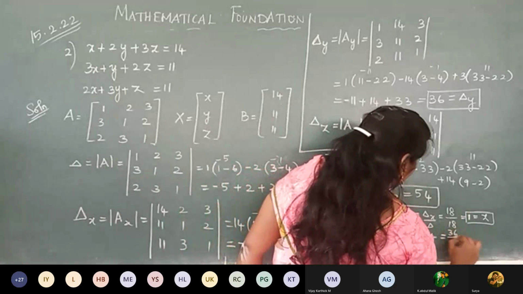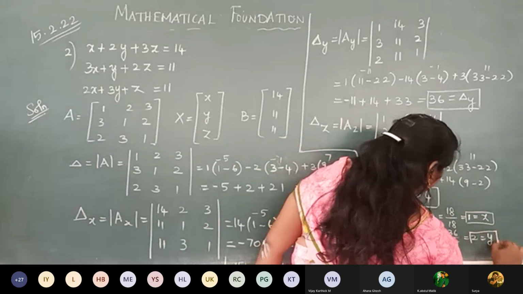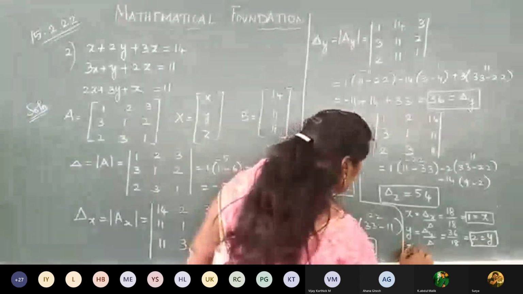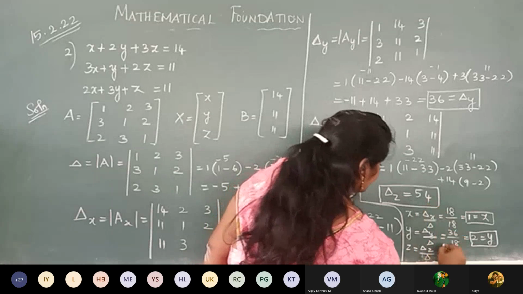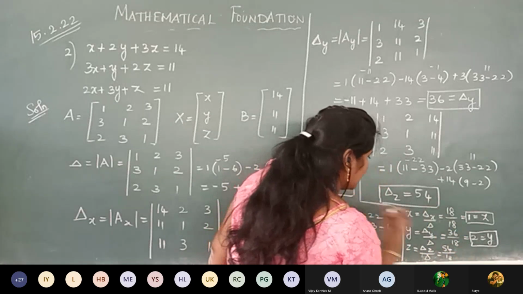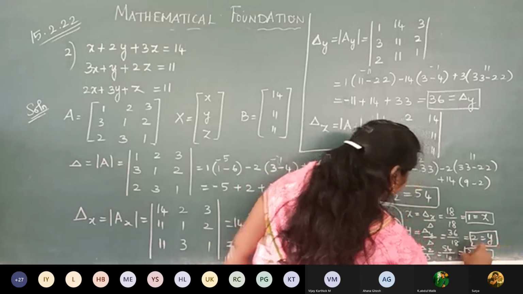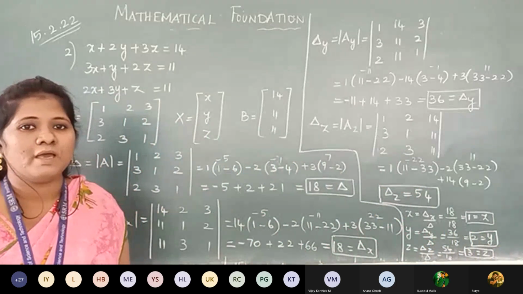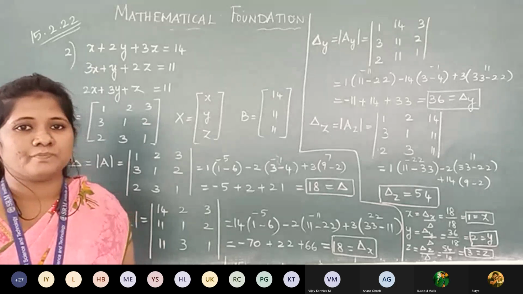So 36 by 18, that is equal to 2, which is your y. And similarly, your z is equal to delta z by delta. Delta z is 54. 54 by 18, so that is equal to 3. Your x, y, z is 1, 2, 3. So this is how you're finding out your x, y, z values for an equation using your Cramers rule.